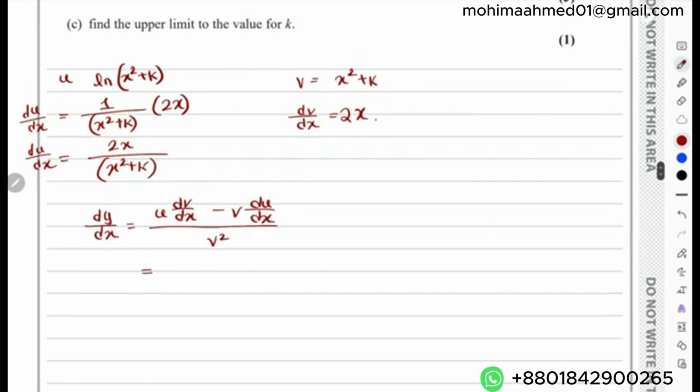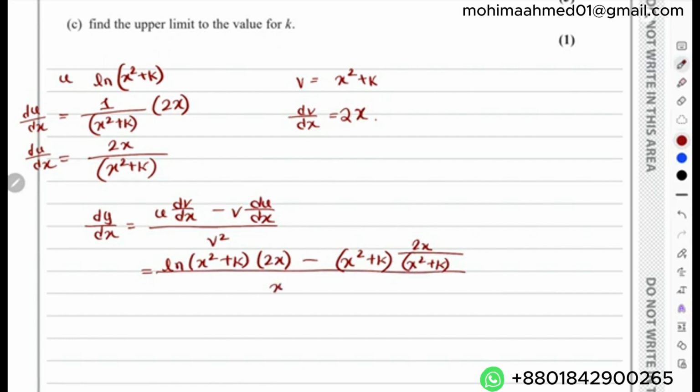So finally you get the value for your u is ln of x squared plus k, and the value for dv by dx is 2x, minus v is x squared plus k, and du by dx is 2x over x squared plus k. And then finally in the denominator you have x squared plus k whole squared.